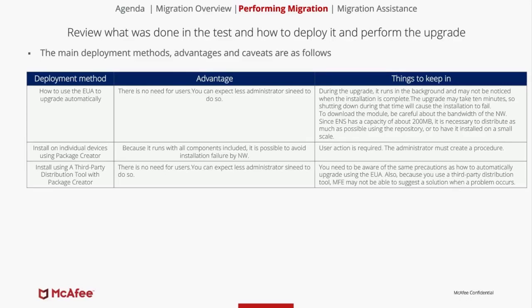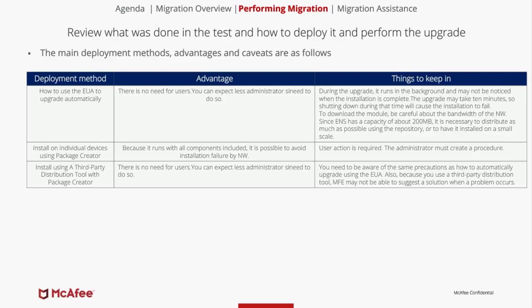And the final deployment method that you have available is using either a third-party distribution tool or EPO to deploy out a package creator package. And this has similar benefits to the first method where there's not a whole lot of work involved in doing this. It's just creating the deployment task, whether that be through SCCM or a client task in EPO, and letting that go.